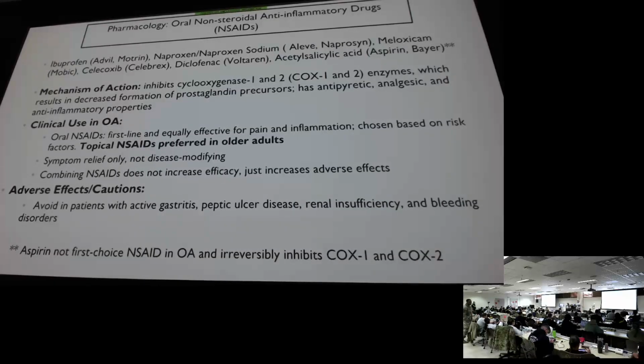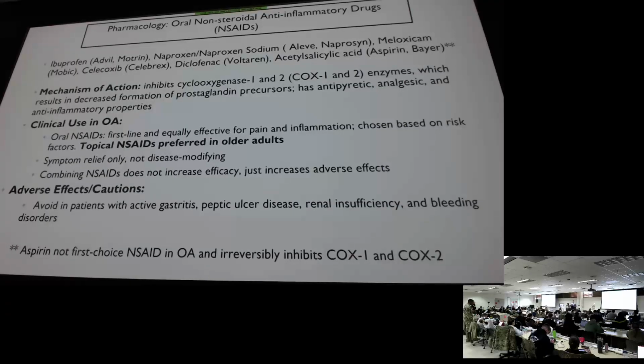GI bleeds, because when NSAIDs inhibit that COX-1 pathway, it gets rid of our protective prostaglandins on the gut lining, right? So we can have gastritis, or we can have GI bleeds, or inflammation, gastropathy of the stomach.